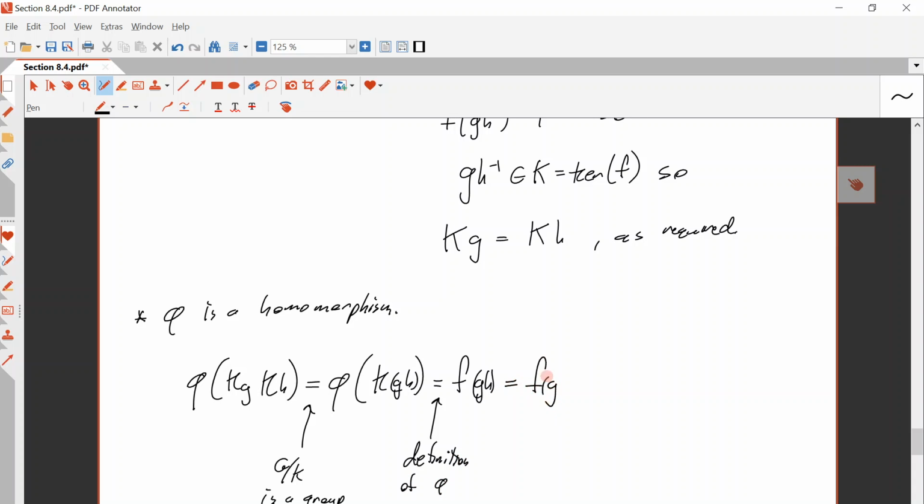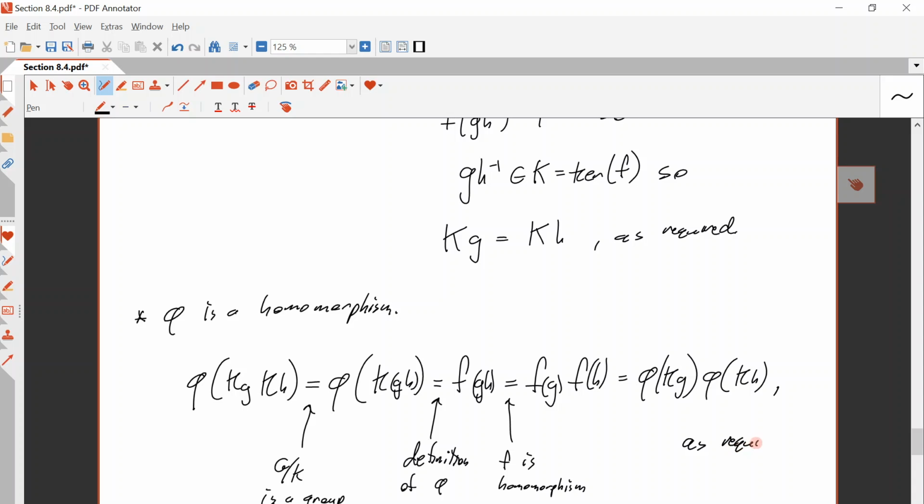Which is F of g times F of h, because F is a homomorphism. But F of g is phi of the right coset Kg, and F of h is phi of the right coset Kh. So phi of Kg Kh is phi of Kg times phi of Kh, as required. So that's it.